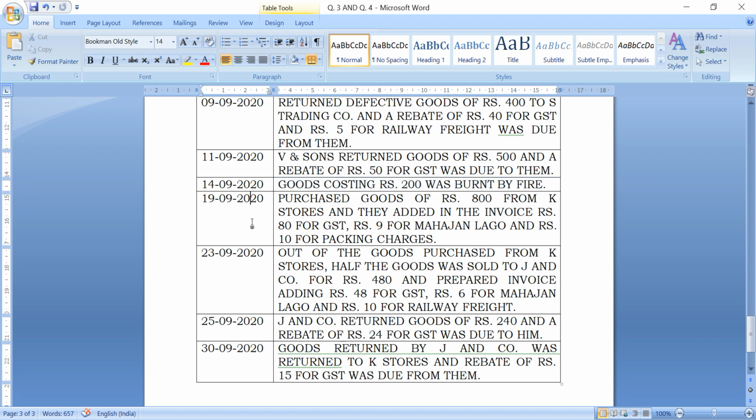Now we will move to 19th of September. Refer the transaction of 19th of September.